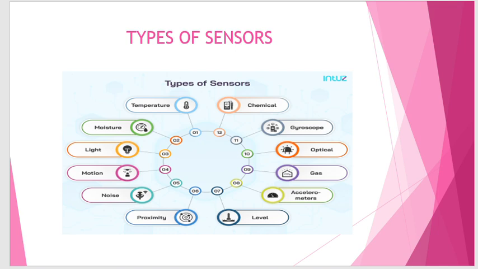Then the digital sensor is used for discrete on-off counting. Then linear and rotary encoding of position, which can help with control or position measurement, can be done with the help of a digital sensor.